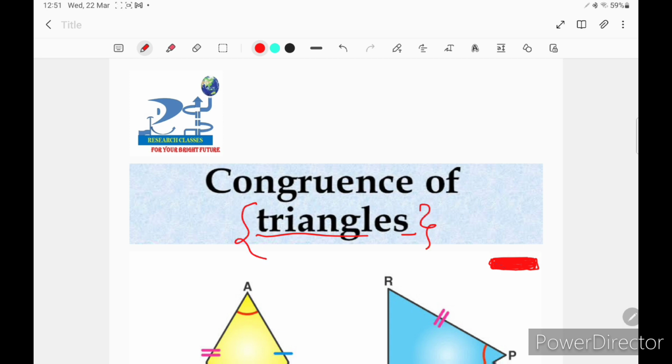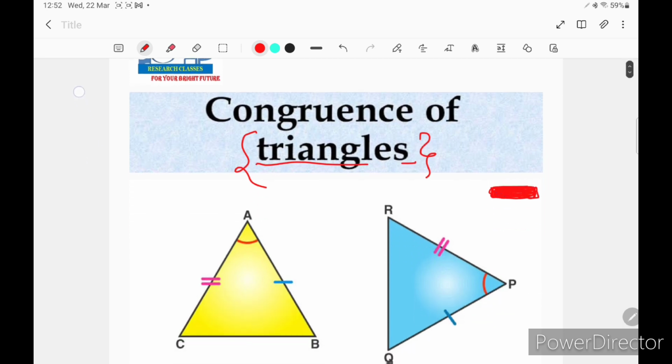If you want to know in detail about the triangle, I already uploaded a video regarding triangle, so go through that video and you will know what a triangle is and what the properties of a triangle are. In short, a triangle means any shape which has three sides and three vertices. So let's go through our today's topic, congruence of triangle.